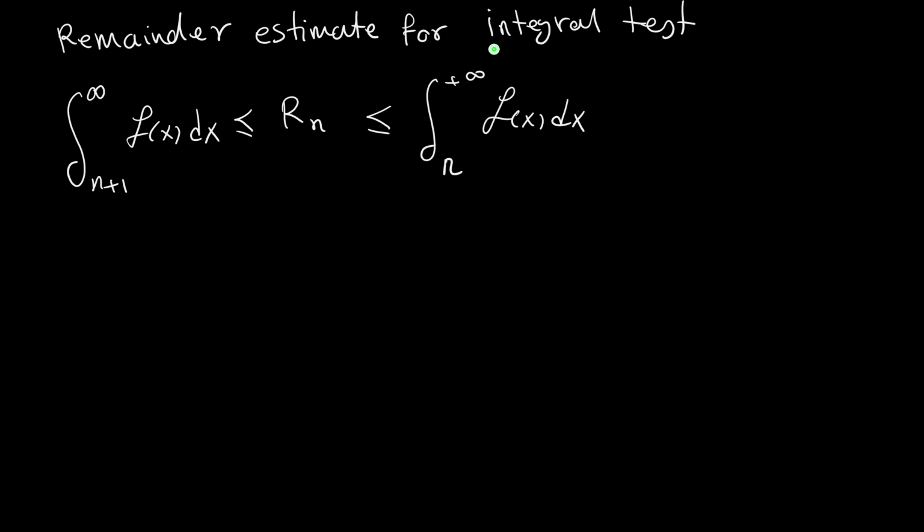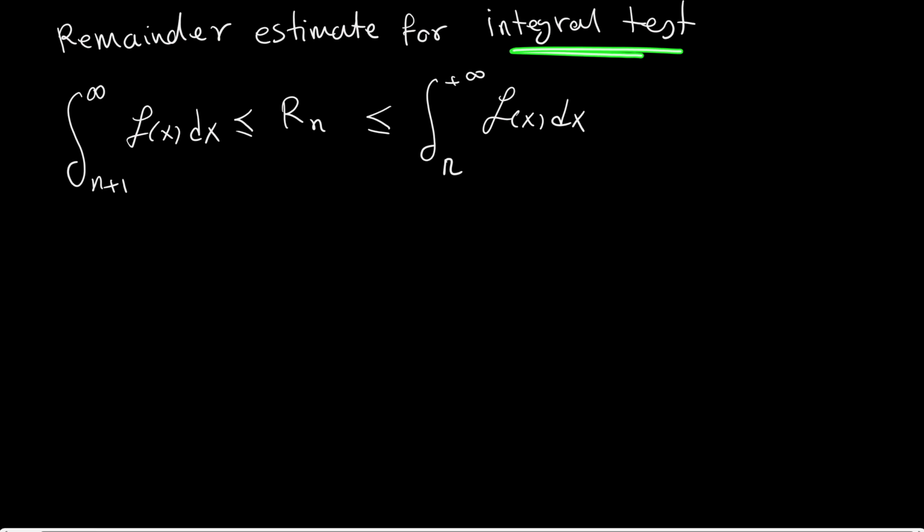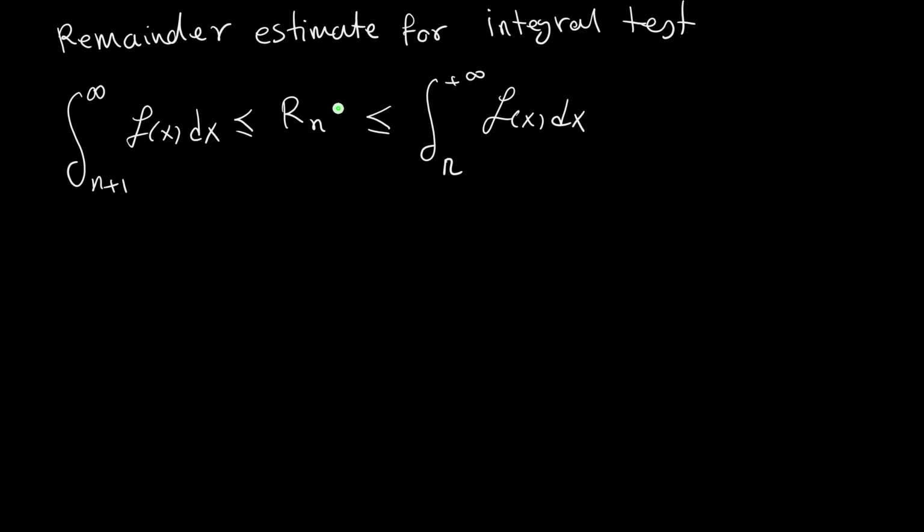By using the integral test, we can estimate the remainder for a series. So the remainder Rn is between the integral of f of x dx from n plus 1 to positive infinity and the integral of f of x dx from n to positive infinity.